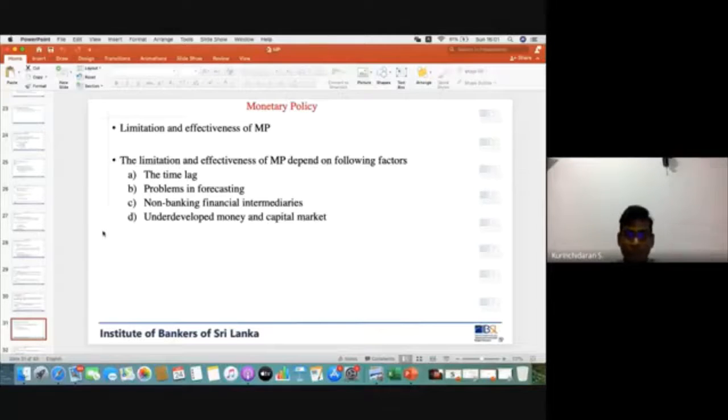One is time lag, another is problem in forecasting, the third one is non-banking financial intermediaries, and fourth, underdeveloped money and capital markets. These four items can limit the performance of monetary policy. Ultimately, you may not be able to achieve your goal as expected, right?